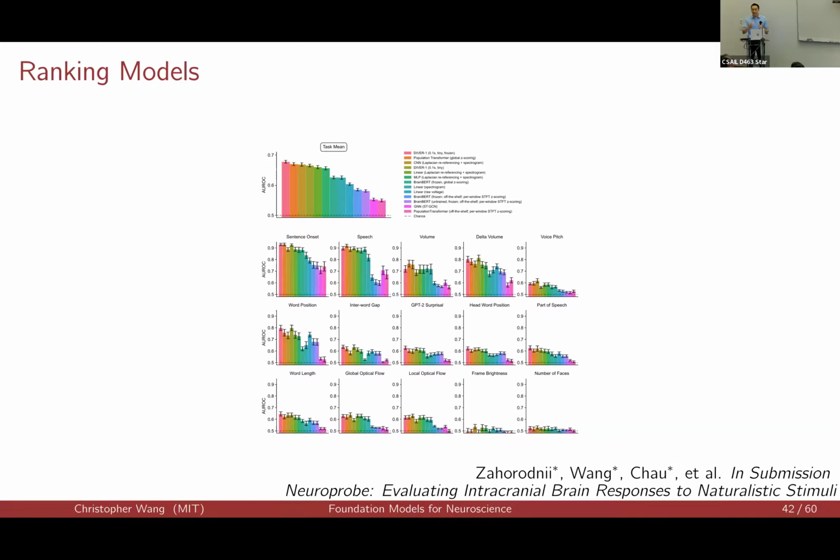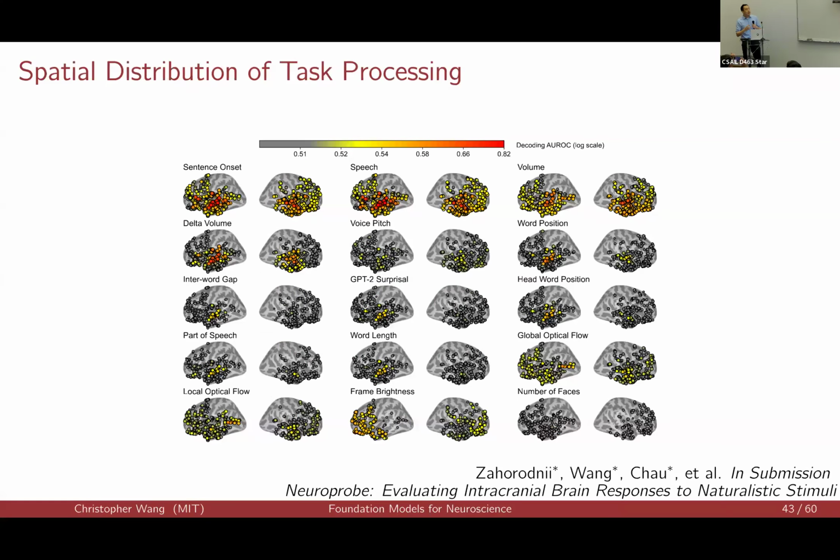Of course, okay, I'll keep returning to this. We care about more than just getting better decoding. We also care about learning something about the brain. And now with 15 tasks, what we can do is get that full picture I was describing when I was talking about Braintree Bank of the spatial distribution of where all these different interrelated multimodal language processing tasks happen in the brain.